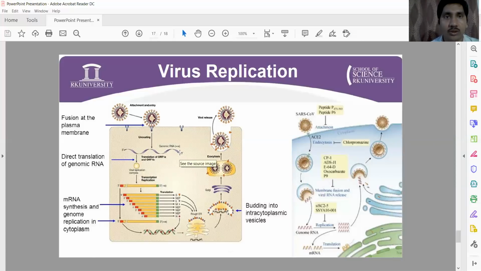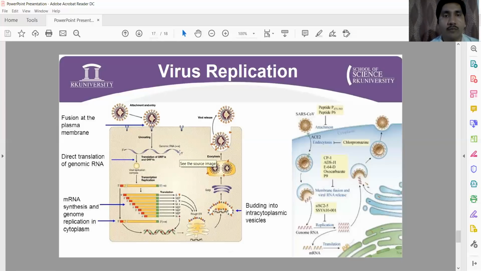One is translation, because the genomic material is divided into early phase proteins and late phase proteins. Few proteins are needed for initiating the replication of the viral genome itself, and few proteins are required at the later stage of the replication for assembly of the complete virion.